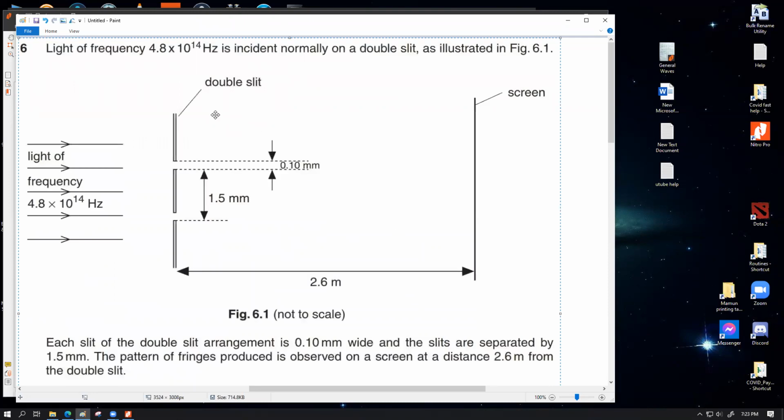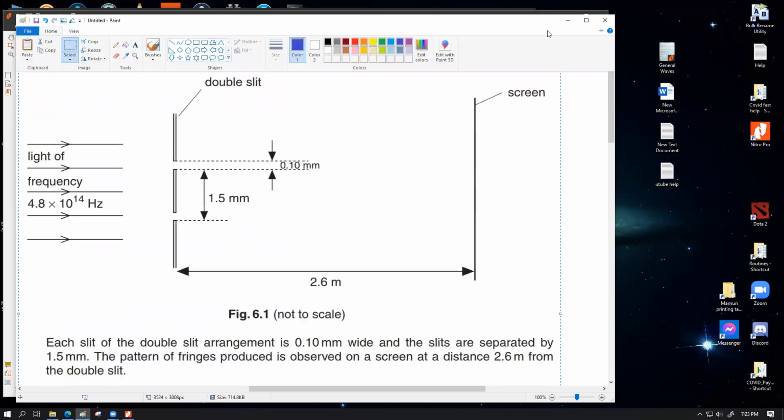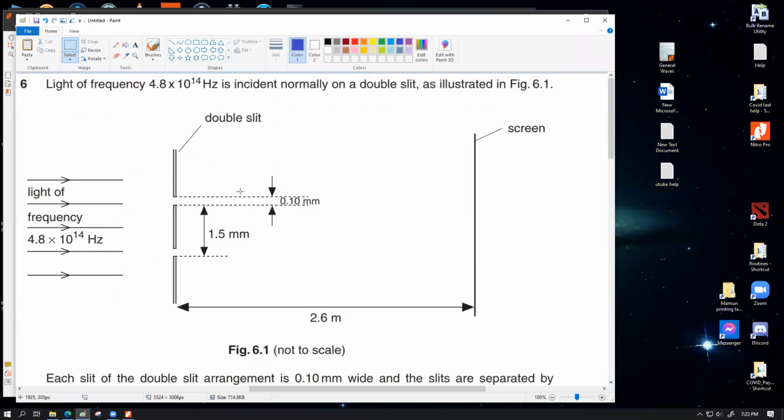Okay. So I'm going to make some changes in this figure. So bear with me. If we labeled this 1.5 distance like that, now what should be your slit separation? 1.6 millimeters.